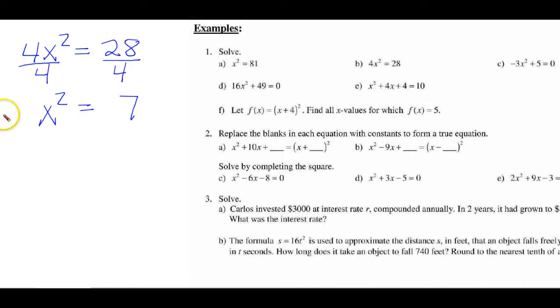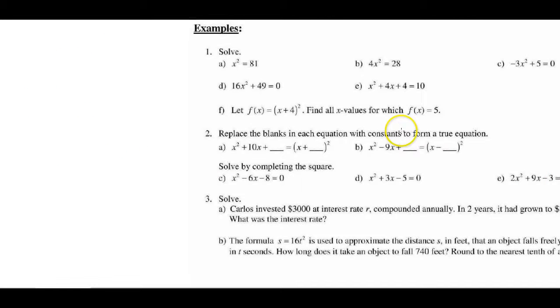So the next step is you take the square root of this side, plus or minus the square root of that side, and you then get x equals plus or minus the square root of 7. Going on to the next one.